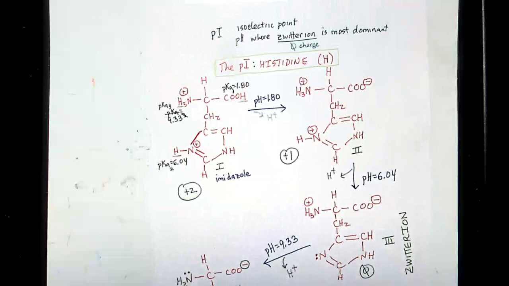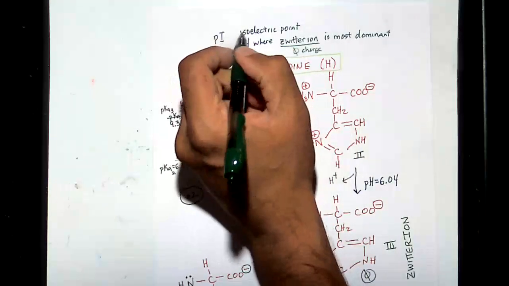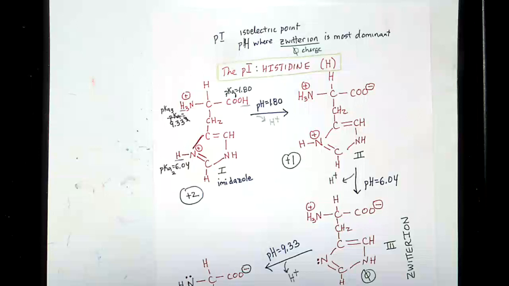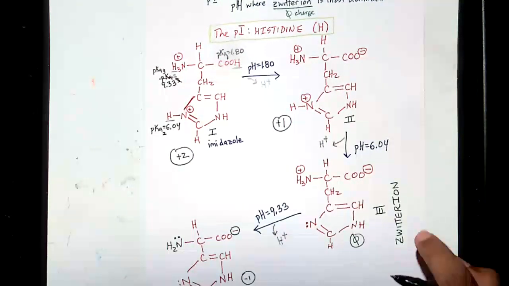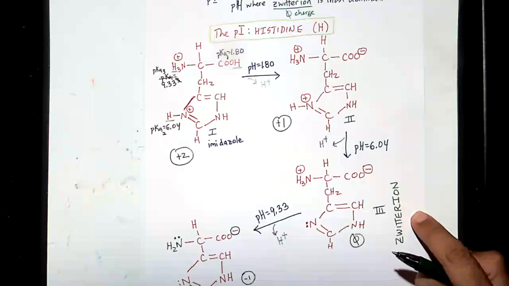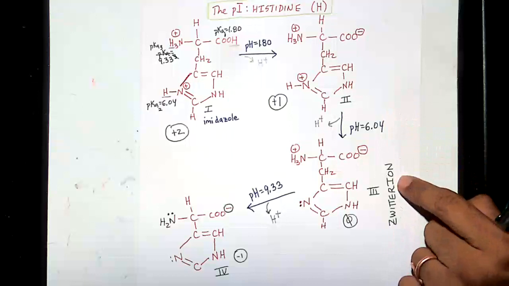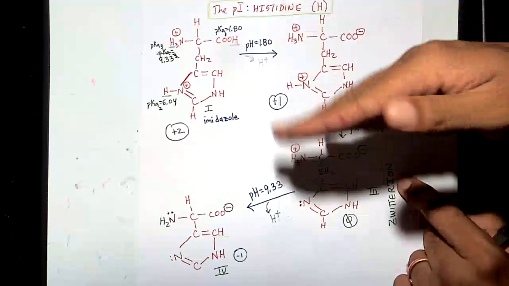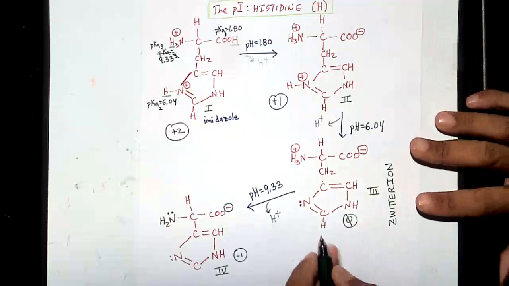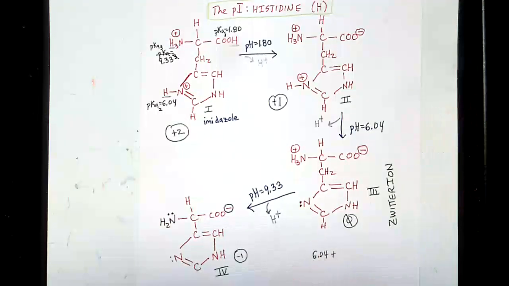Okay, so to calculate the isoelectric point, which is the pH where the Zwitter ion is most dominant, what can we do here? So this is the Zwitter ion. At pH 6.04, we have 50% of the Zwitter ion, which is what we care about, and 50% of that, which we don't care. So 6.04.